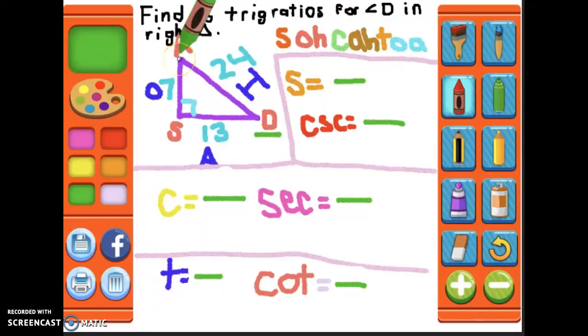So now we're going to start actually working out the problems. So sine, we have opposite over hypotenuse. So opposite is 7, and our hypotenuse is 24. So our sine answer is going to be 7 over 24. For cosine, we have adjacent over hypotenuse, which is 13 over 24.